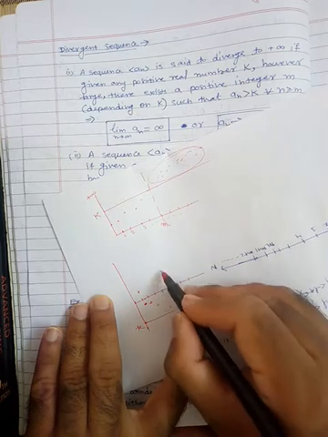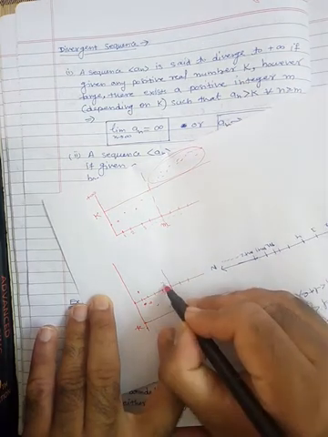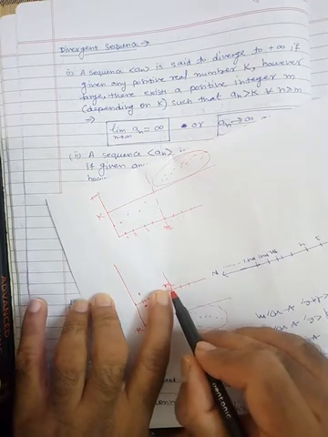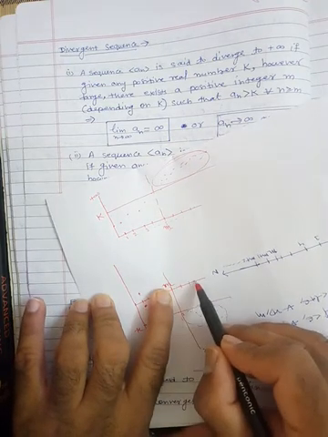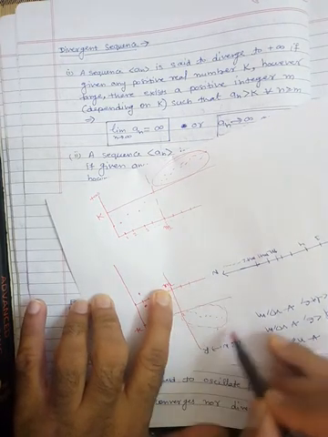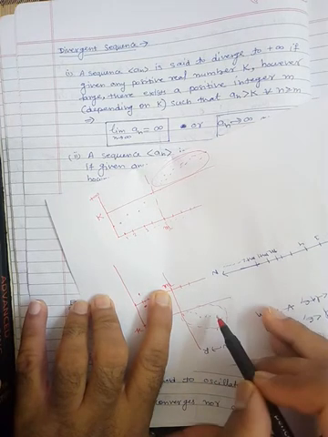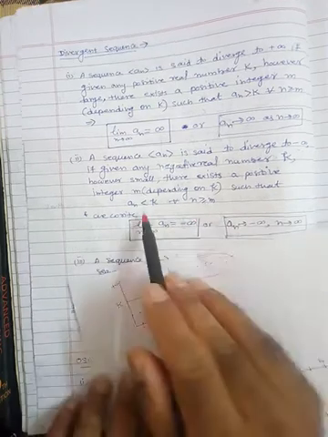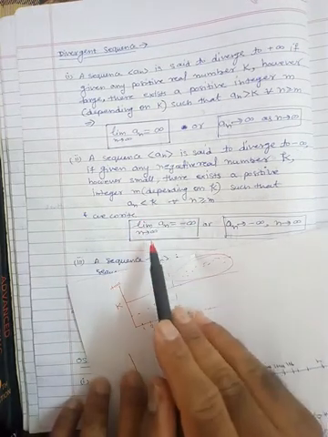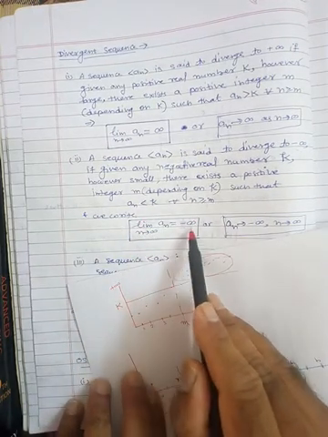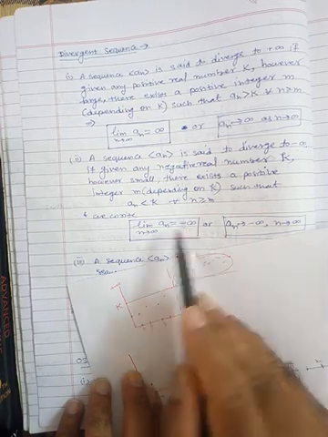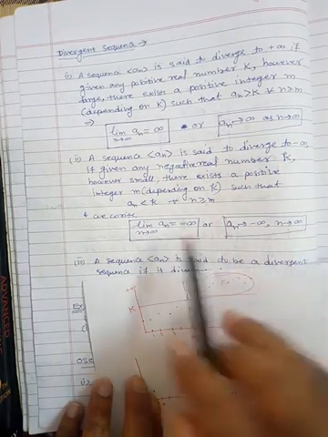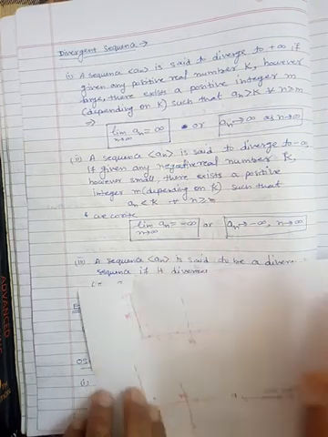If you cut it here, this index will be m. So for all these terms, am plus 1, am plus 2, all the numbers are less than k. This is the condition written here. Equally, this condition can be written as the limit as n tends to infinity of an is minus infinity. That means the sequence an tends to minus infinity as n tends to infinity, so both are equal.